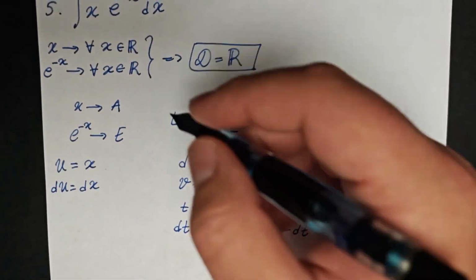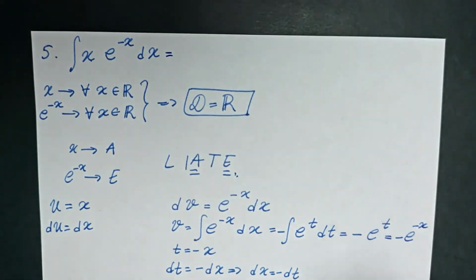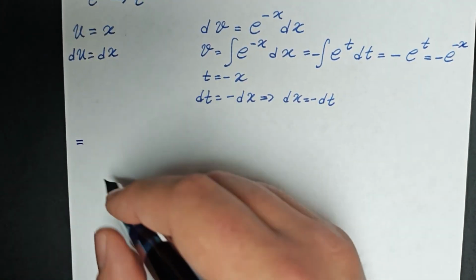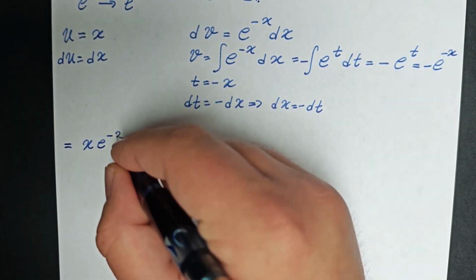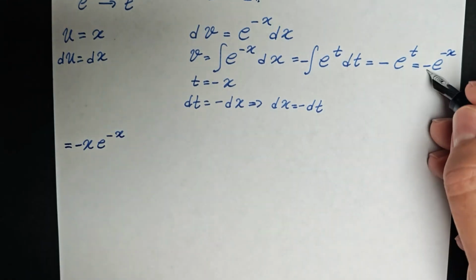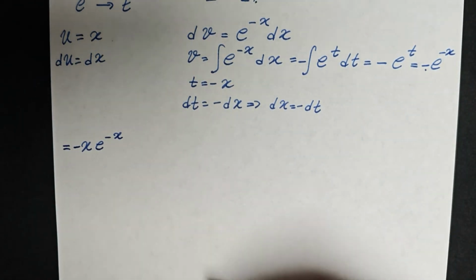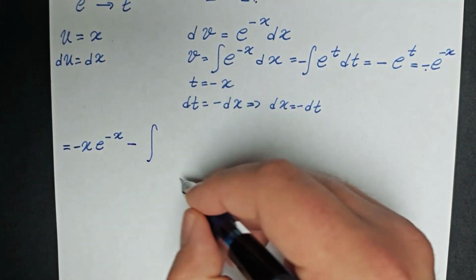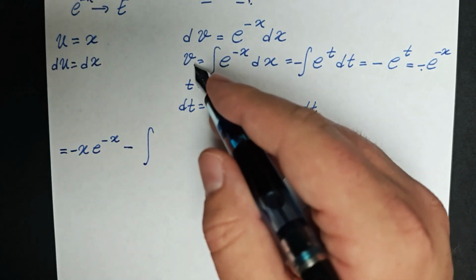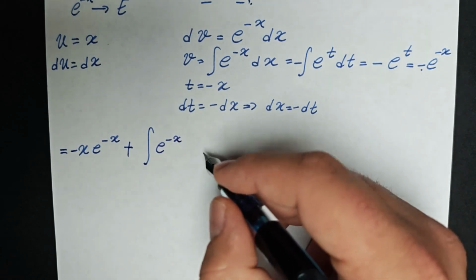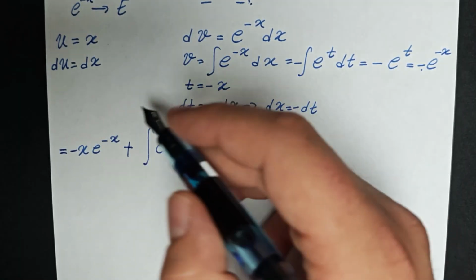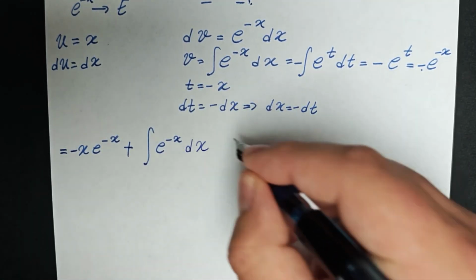So the integral which we have started from becomes u multiplied by v, that is x multiplied by e to the power negative x, and this minus sign here, minus the integral of v du. v is negative e to the power negative x, and du is just dx.